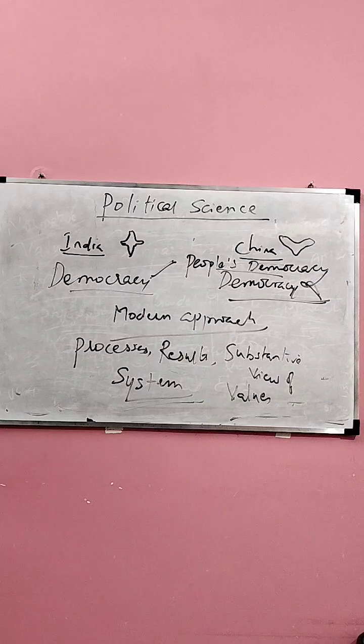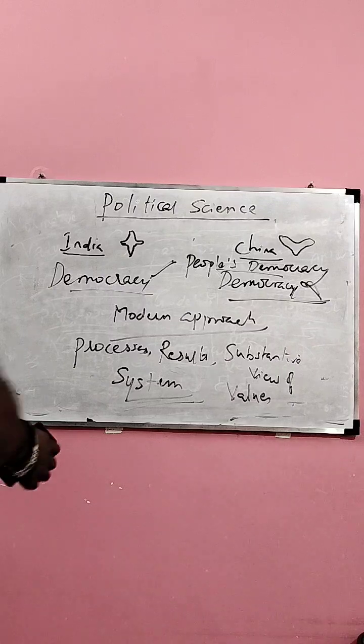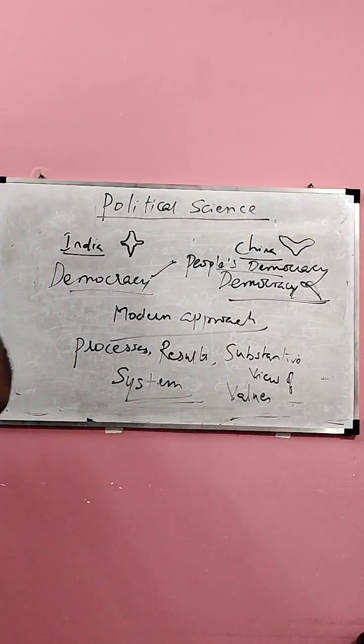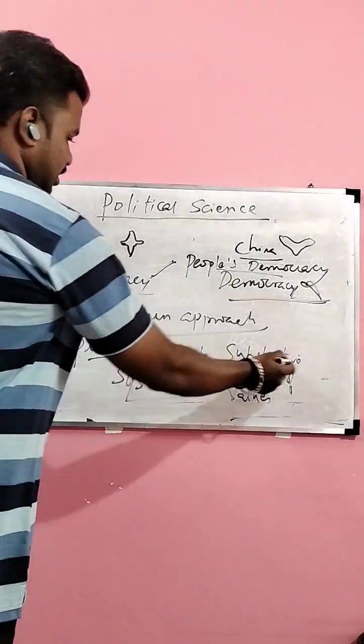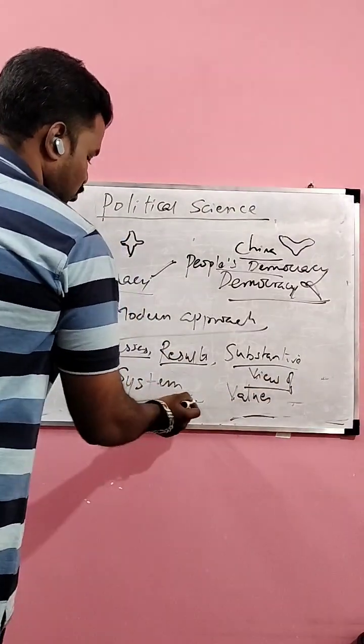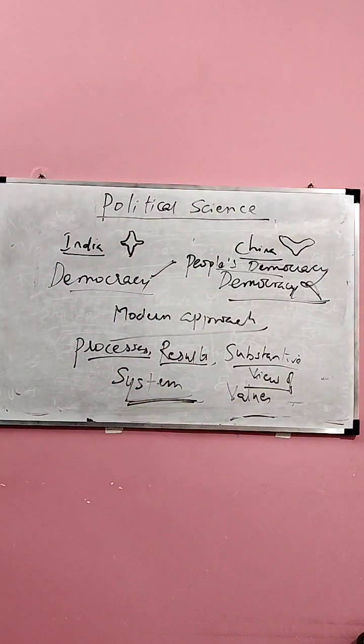So here we conclude that India's democracy is the real democracy, or definitely the better form of democracy, and China's democracy, even though called people's democracy, is not real democracy. Okay. Now let's take the modern approach. The modern approach takes into account processes, results, and the substantive view, and looks at politics and the state as a system.